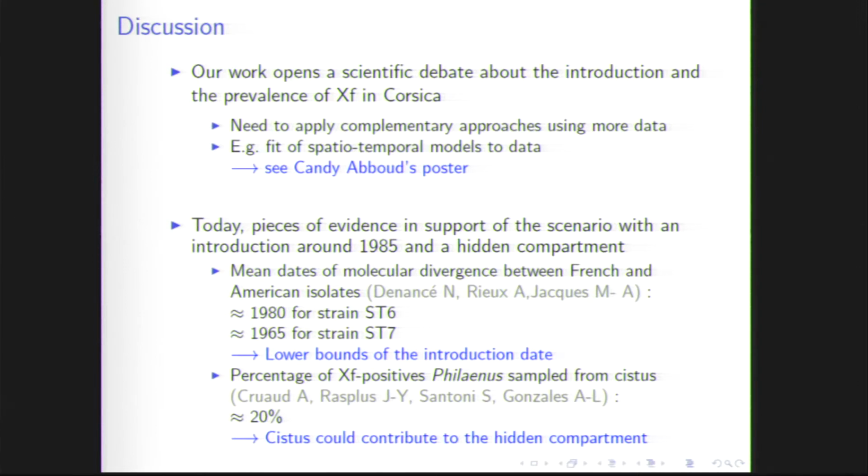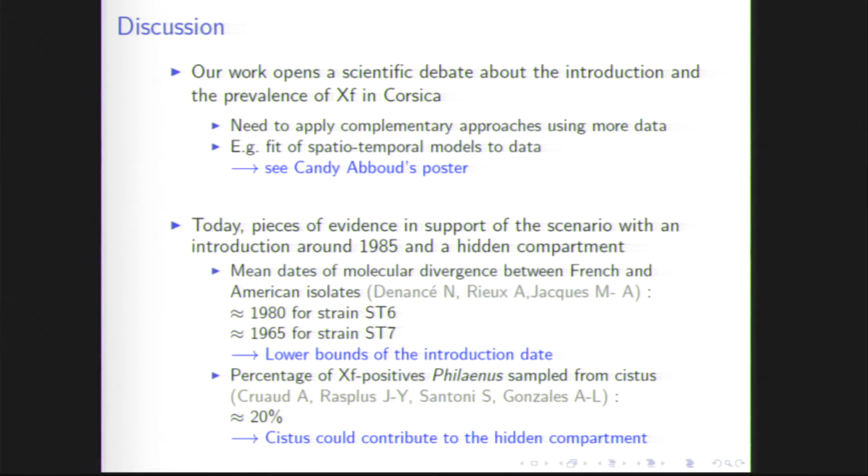You saw that we have two scenarios, and actually today there are pieces of evidence in support of the second scenario with an introduction around 1985 and the hidden compartment. Indeed, Marie-Agnès Jacques and her colleagues applied a phylogenetic approach to estimate the mean dates of molecular divergence between French and American isolates.